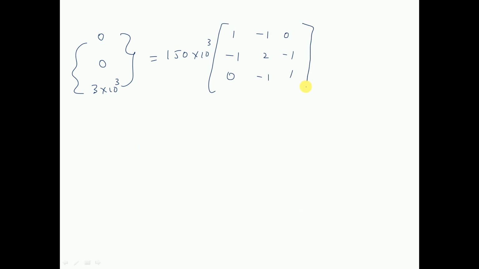This is our global stiffness matrix. U1 is 0, and U2 and U3 we have to find.